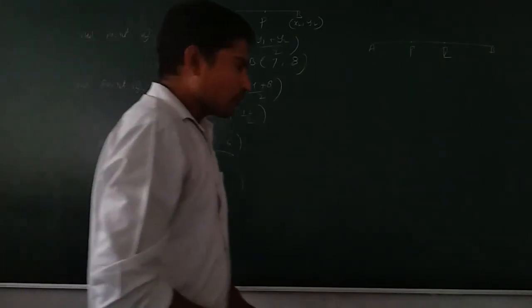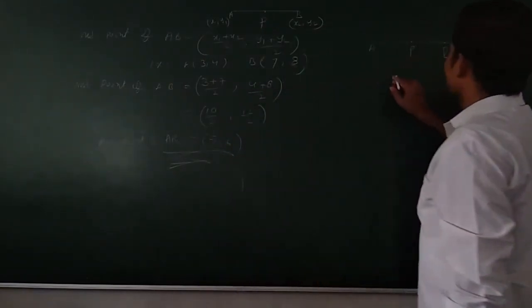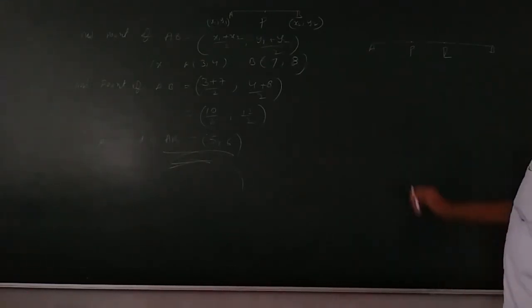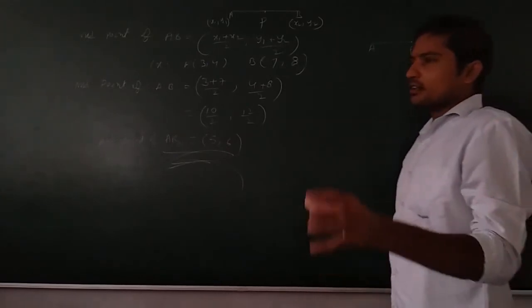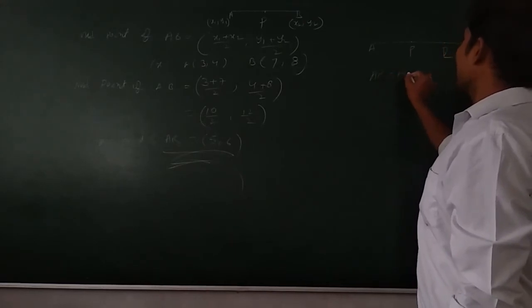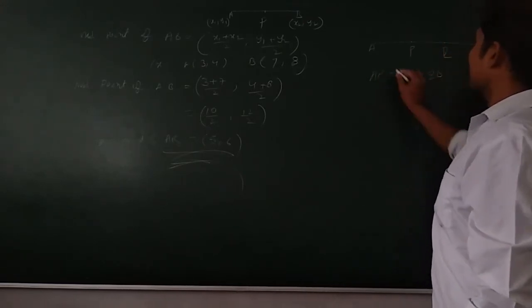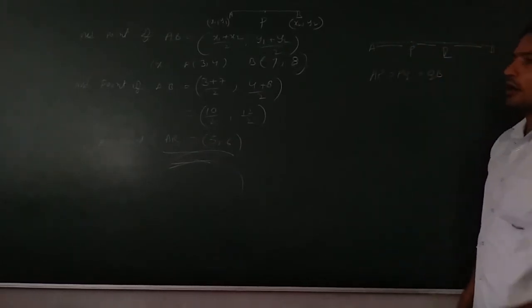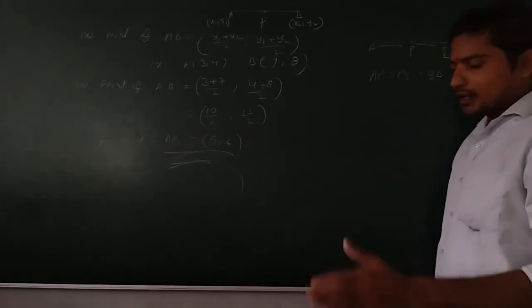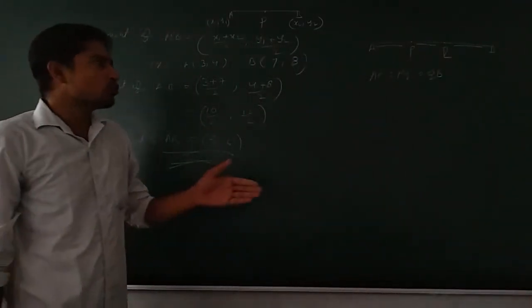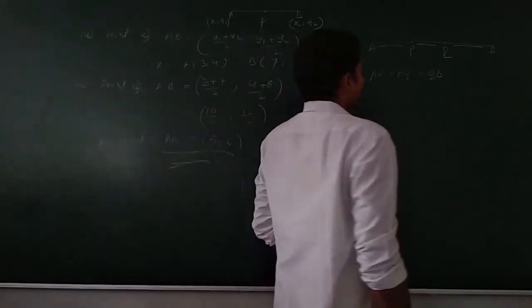Then these 2 points are dividing that line segment into equal parts. That means AP is equal to PQ is equal to QB. Whatever the distance you have, all are the same. So that line segment is divided into 3 equal parts with the help of the 2 points.